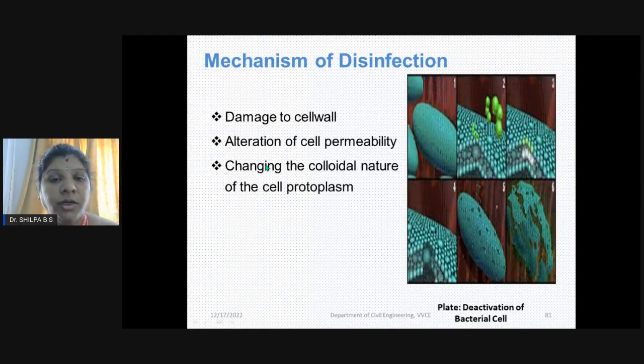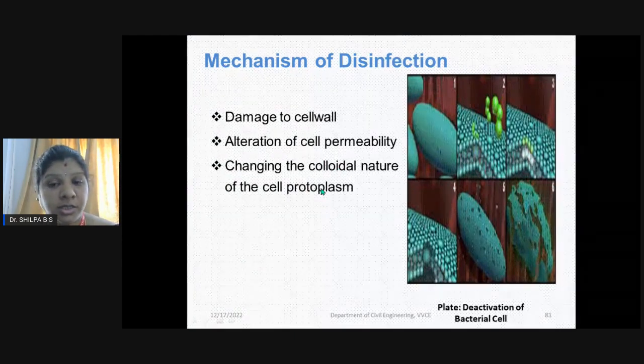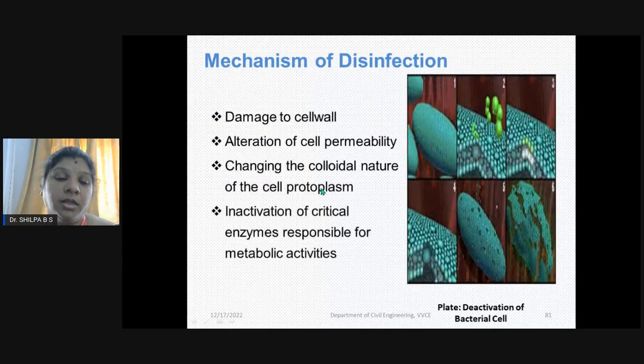The disinfectant damages the cell wall, then enters into the cell and changes the cell permeability, then changes the colloidal nature of the cell protoplasm, and then inactivates the enzymes in that protoplasm, which are responsible for the metabolic activity.